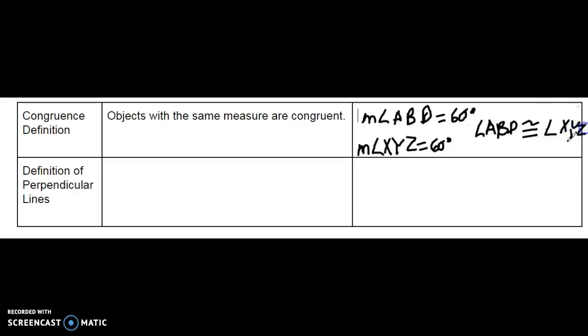Okay, that's all that means. So if two things have the same measure, then they're going to be congruent. Same thing could hold for line segments, angles. Okay, pretty straightforward. The definition of perpendicular lines.